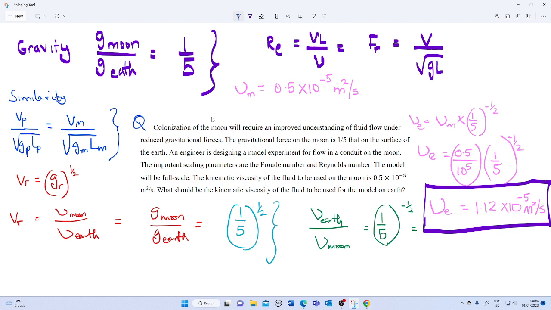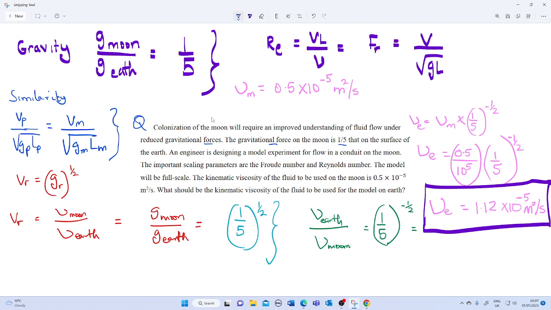Colonization of the moon will require an improved understanding of fluid flow under reduced gravitational force. The gravitational force on the moon is a 1:5 ratio, that is 1/5, that on the surface of Earth.